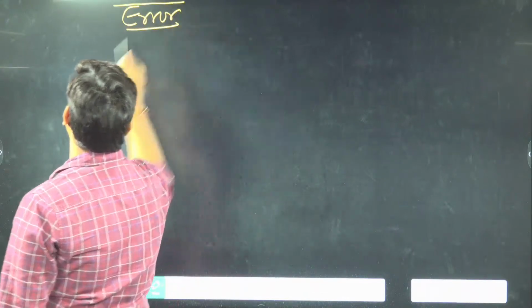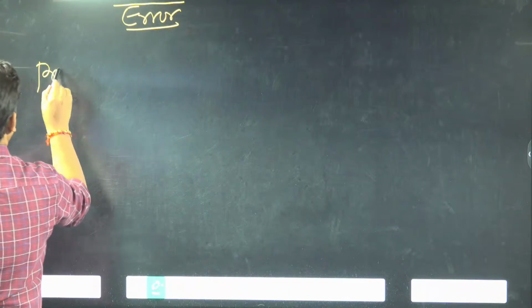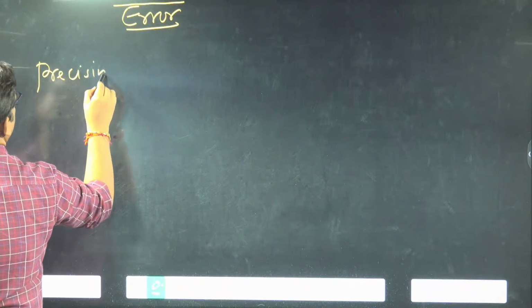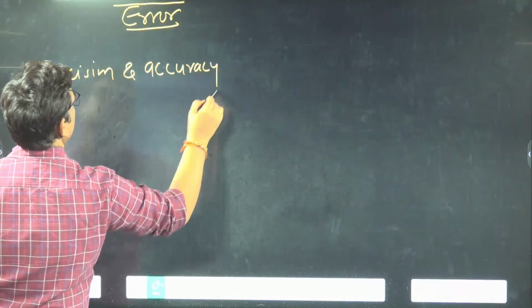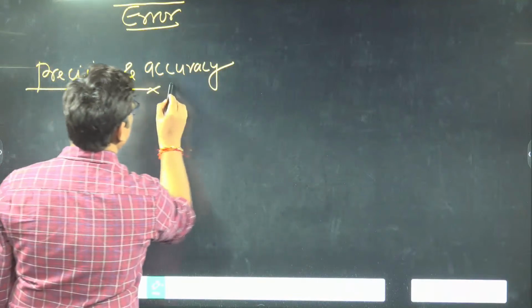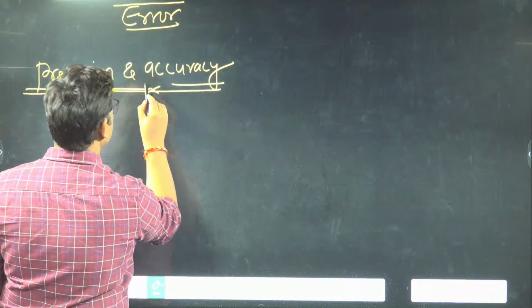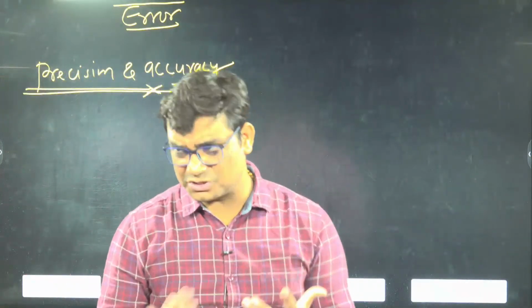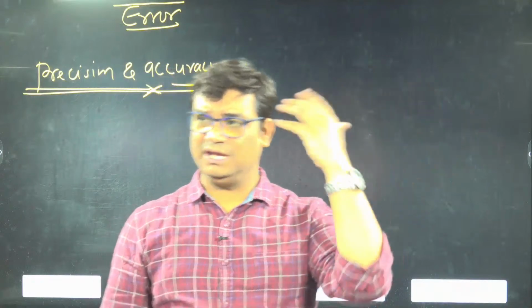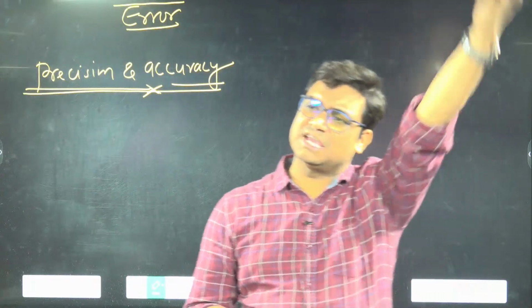Here, first thing I will explain is the meaning of precision and accuracy. Can you tell me what is the actual difference between these two words? Generally, in our day to day life, we use both words the same way. If you ask anyone what is the meaning of precision, they can say accurate.